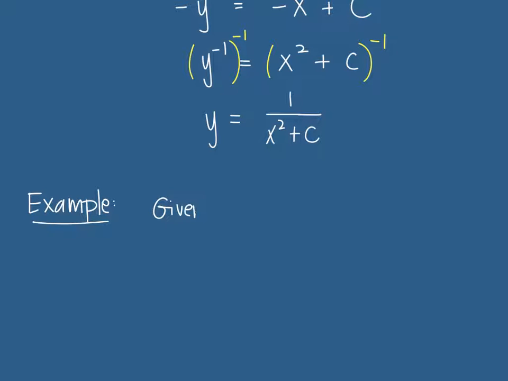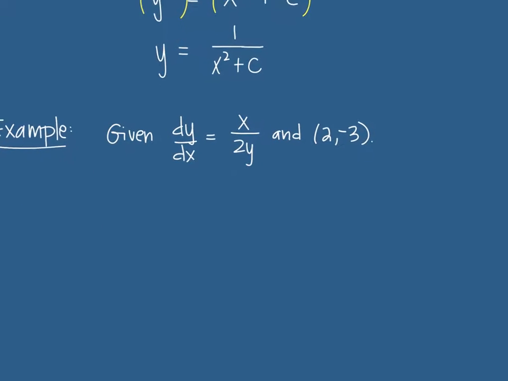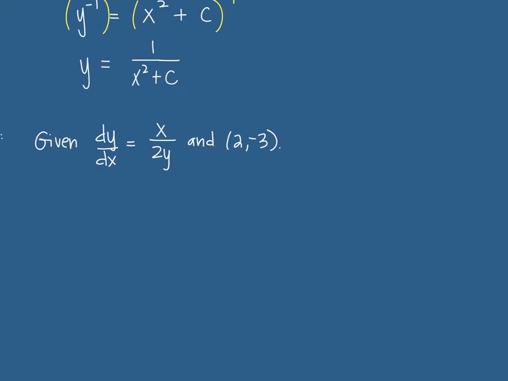Okay, given the differential equation, the derivative dy/dx equals x over 2y, and given (2, negative 3). Now you're given an extra little bit of information, but you're still asked to find y.